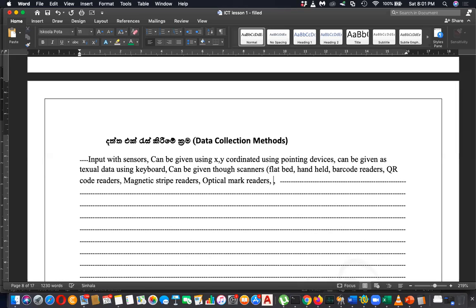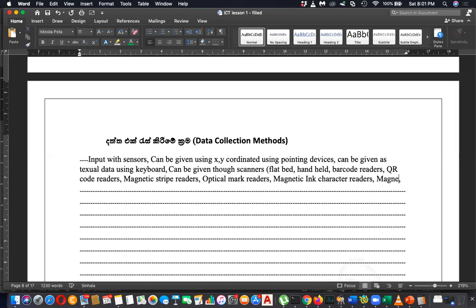It can be magnetic ink character readers, like on cheques, and it can be magnetic resonance imaging. What is magnetic resonance imaging? It's called MRI, the MRI scan in the medical field.